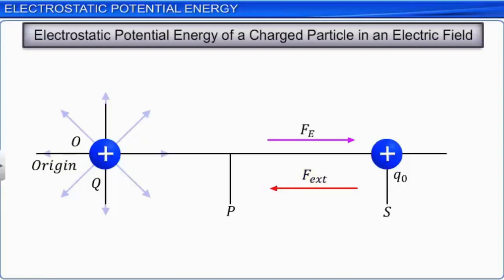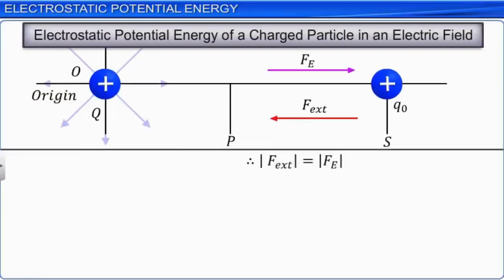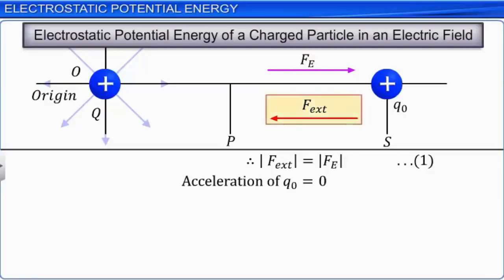Therefore, we can say that the magnitude of the external force F is equal to the magnitude of Fe. Let this be equation 1. The external force F should not give the charge Q0 any acceleration. The net force on Q0 must be 0.